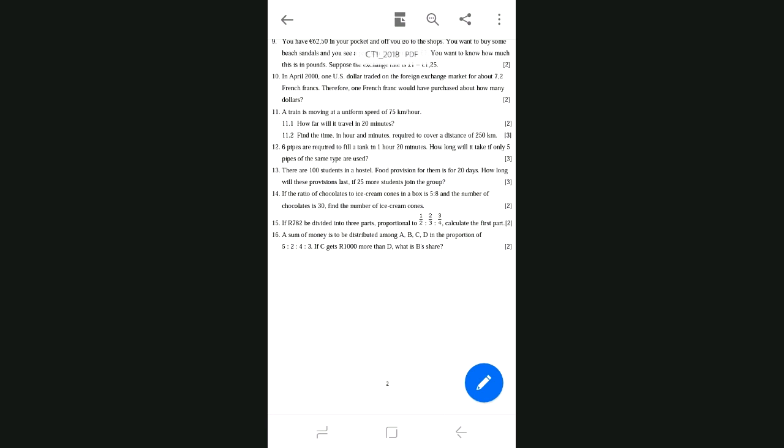So our dollar D, $1 is equals to 7.2 francs.